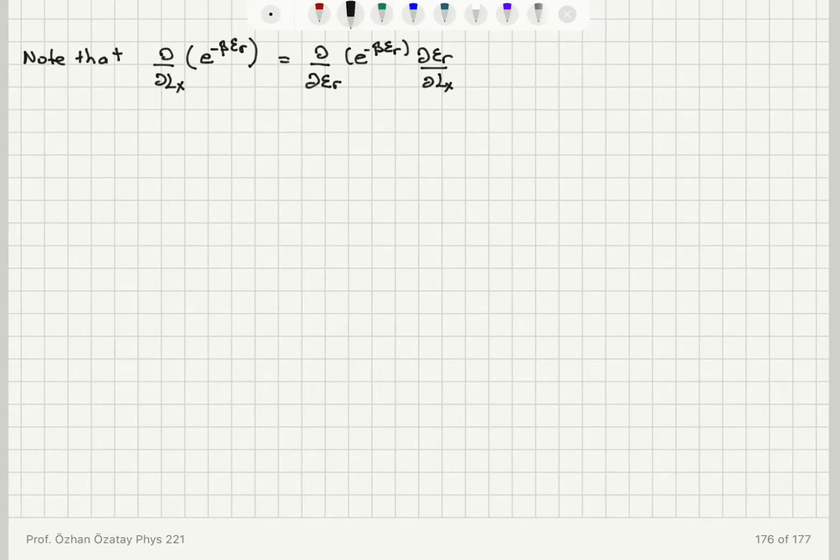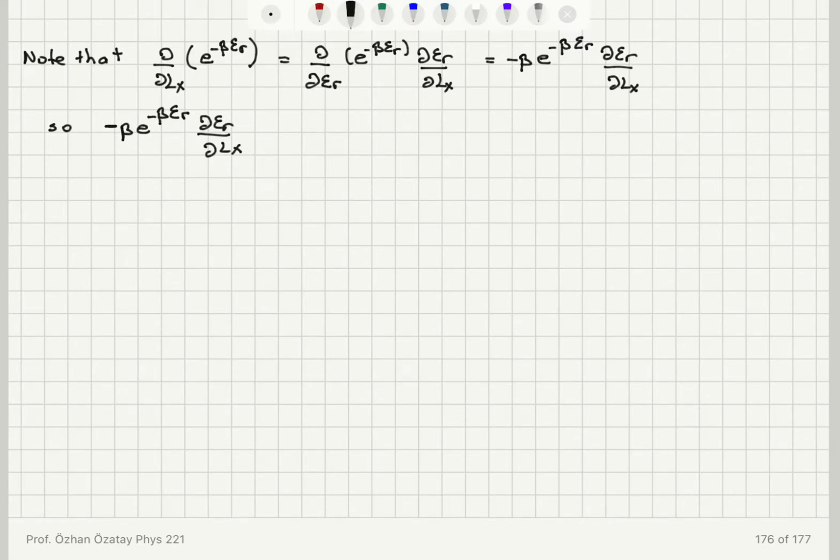So the derivative with respect to energy will just give me minus beta times the Boltzmann factor e to the minus beta epsilon R. Then here I have the derivative of the energy with respect to Lx. So I'm going to get minus beta, the Boltzmann factor e to the minus beta epsilon R del ER del Lx.